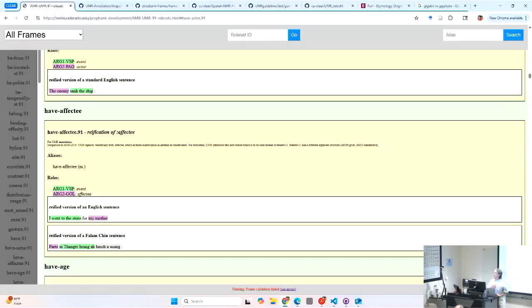The arguments that are part of the verb, for example, like "he is long-legged" or something like that. So "he is long-legged" would be predicating, so I would probably use the have-mod-91 role set. We'll talk about that some more later. But yeah, that would be an example of predicating, so I would use the reification.